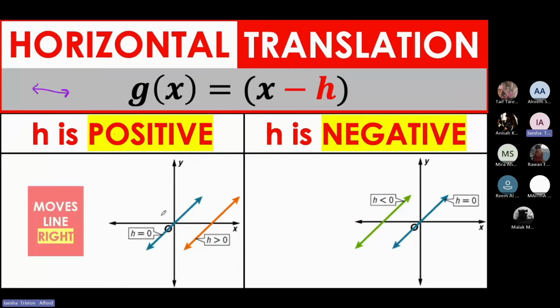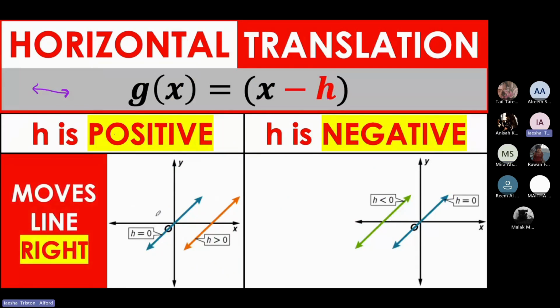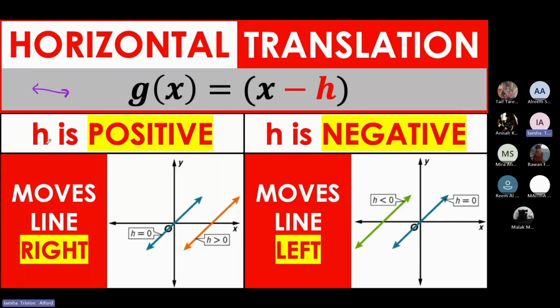Right. If H is negative, which way do you move? Left. You already know the movements. I told you guys. Again, horizontal translation is a horizontal slide. It means we're going to slide the line left or we're going to slide the line right.